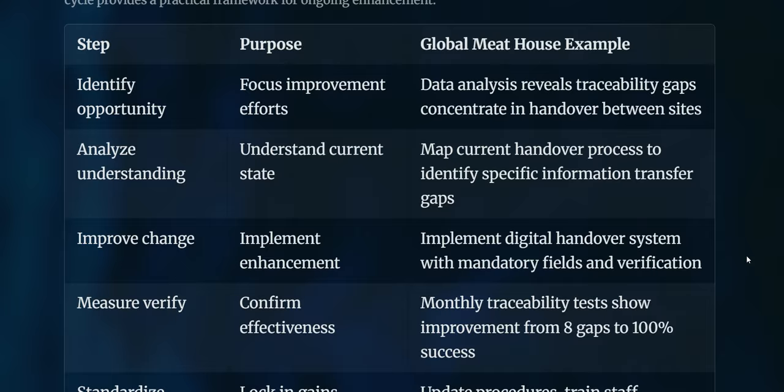The next step is measure, and the purpose of this is to confirm effectiveness of the implementation. In our example, monthly traceability tests show improvement from 8 gaps to 100% success.